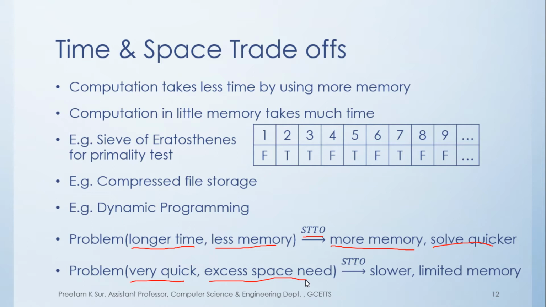Then again, you can use the concept of space and time trade-off, and you can limit the memory used by the algorithm by making it slower. So this is how you can use the space-time trade-off to increase or reduce the speed of an algorithm as per your requirement.